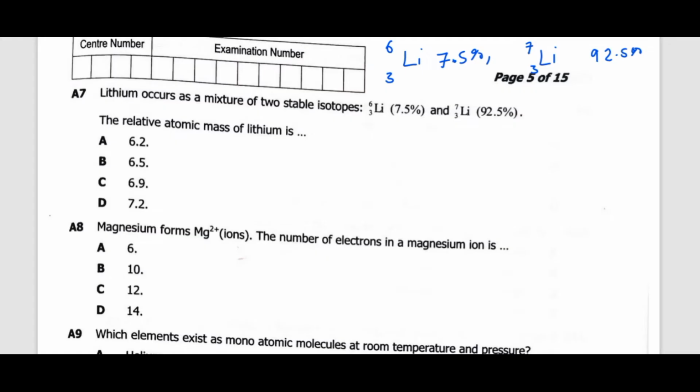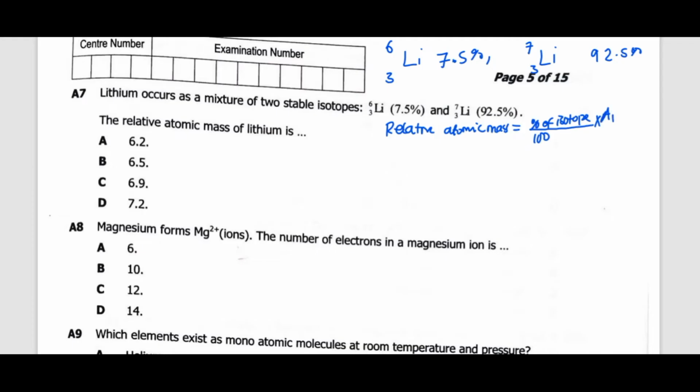So here we calculate like this. So we have relative atomic mass is equal to, so here we are going to say percentage of isotope abundance over 100, then multiply by its atomic mass.